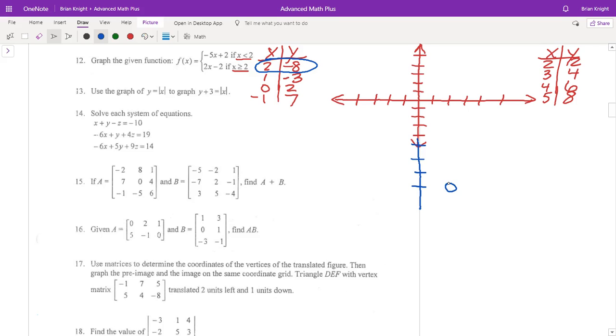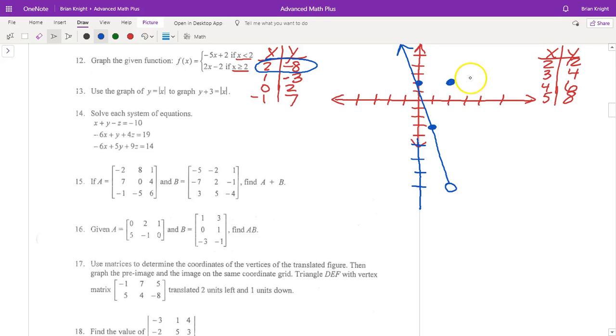The rest of them will be closed. 1, -3 is right there. 0, 2 would be there. And -1, 7, I'm not even going to graph that one because I don't have room, so I'm just going to show you it just keeps going that direction. Okay? Then I come over here to the other one. 2, 2. Right 2 up 2.